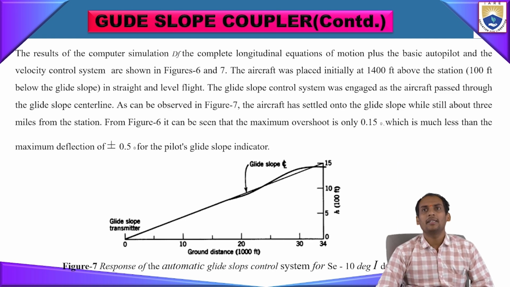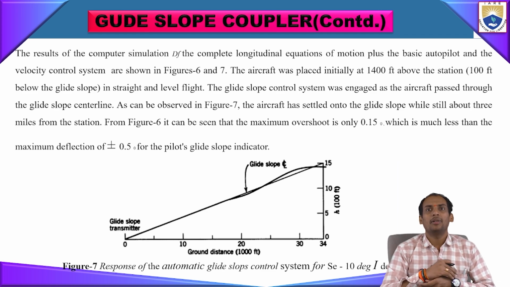So if we place it around 1400 feet above the station, that is 100 feet below the glide slope, in straight and level flight, the glide slope coupler control system was engaged as the aircraft passed through the glide slope center line. As you see in the figure, the aircraft settled onto the glide slope while still 3 miles from the station. So it has been stable only.